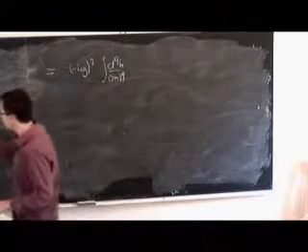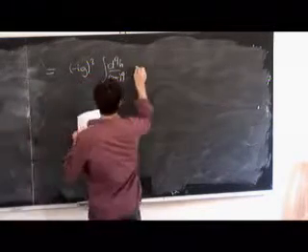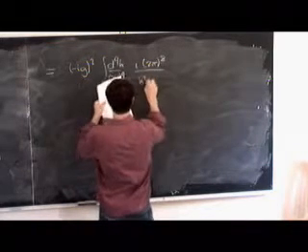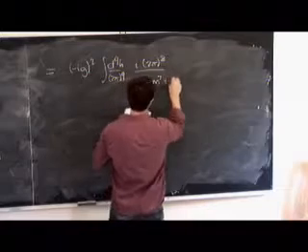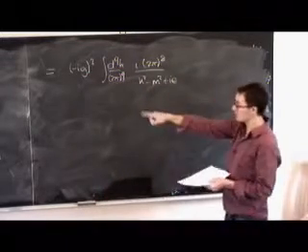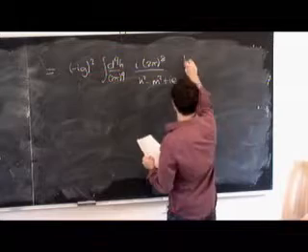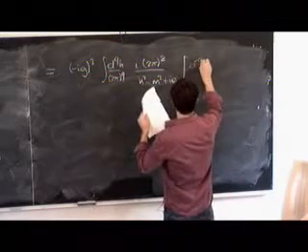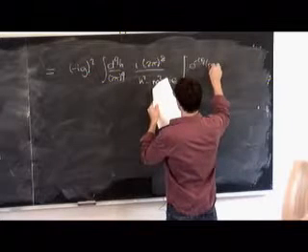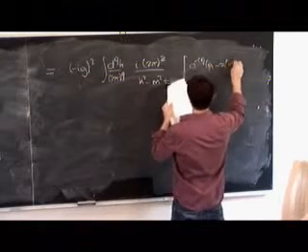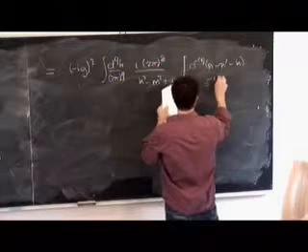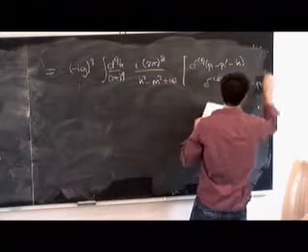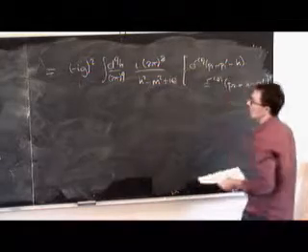That's coming because I've got a single internal line. There's a value of the propagator for that internal line. It's a little m, not a big M, because the internal line's a meson. And then there's 2 delta functions, P1 minus P1 prime and P2 plus k minus P2 prime, coming from the 2 vertices.